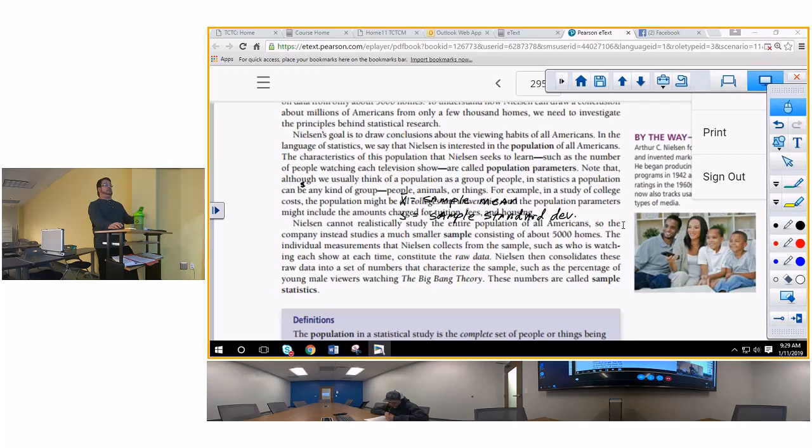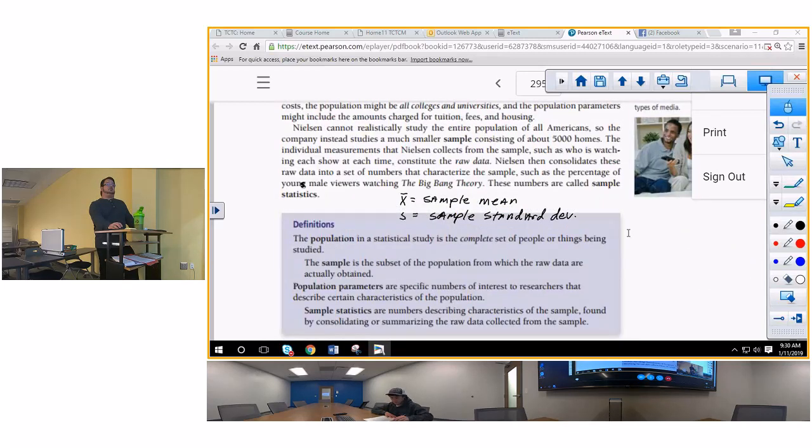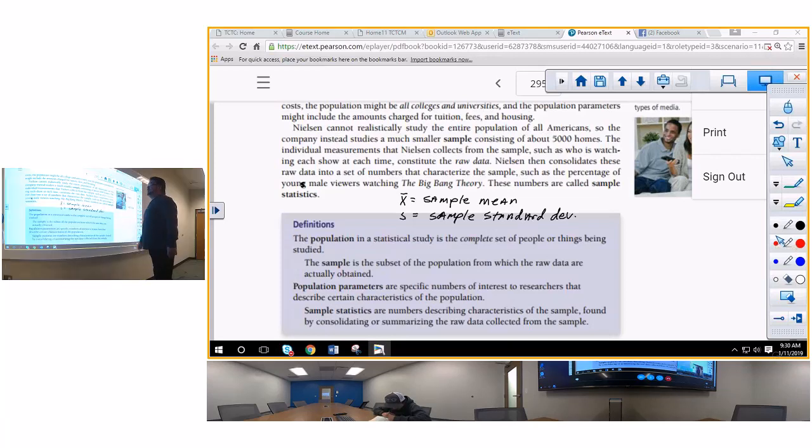Next. There we go. I'll bring this down a little bit so you still have the sample mean as X bar and the sample standard deviation. Those are what we call lowercase statistics. Lowercase means they are variables used for the sample.